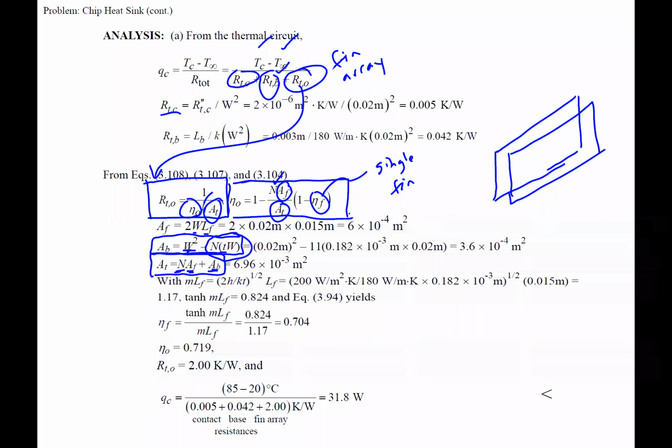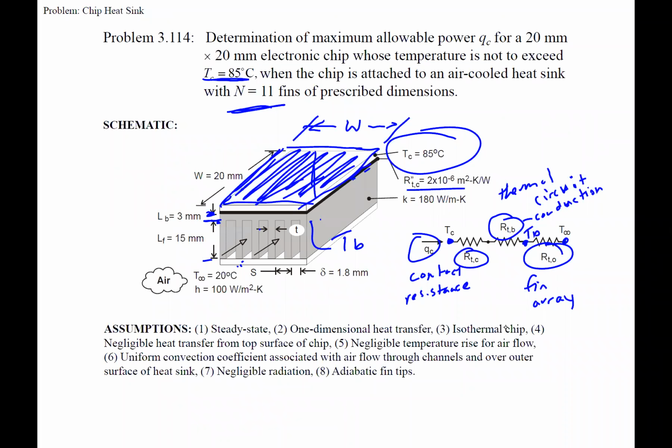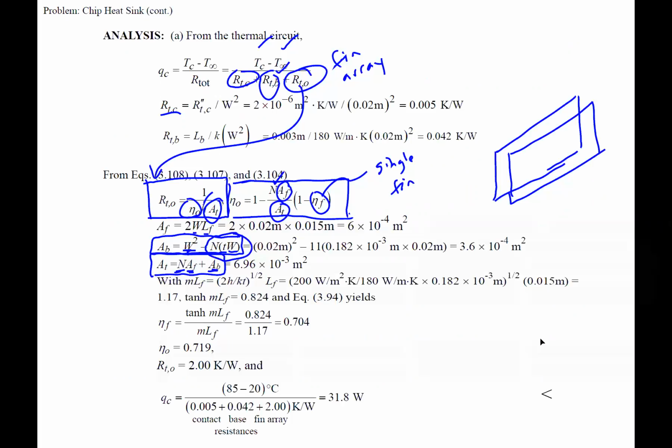So it's the thickness of the fins times the width, and then the number of fins. Like this surface. So we're just taking that full base and then subtracting off the base area that the fins have.